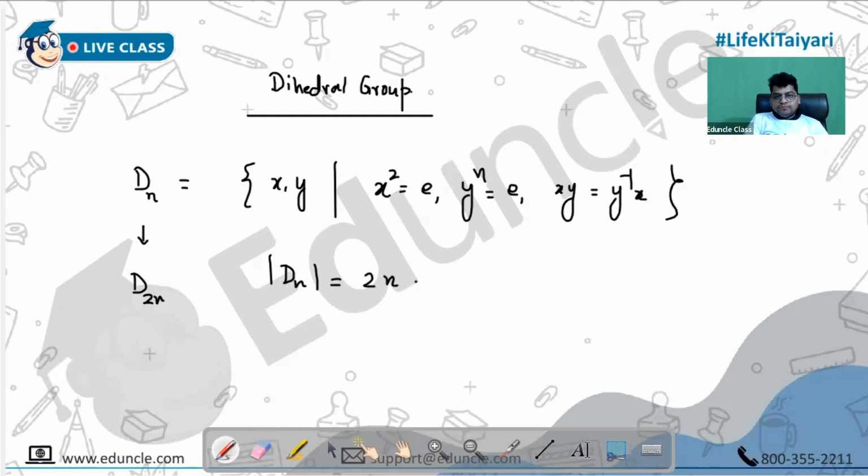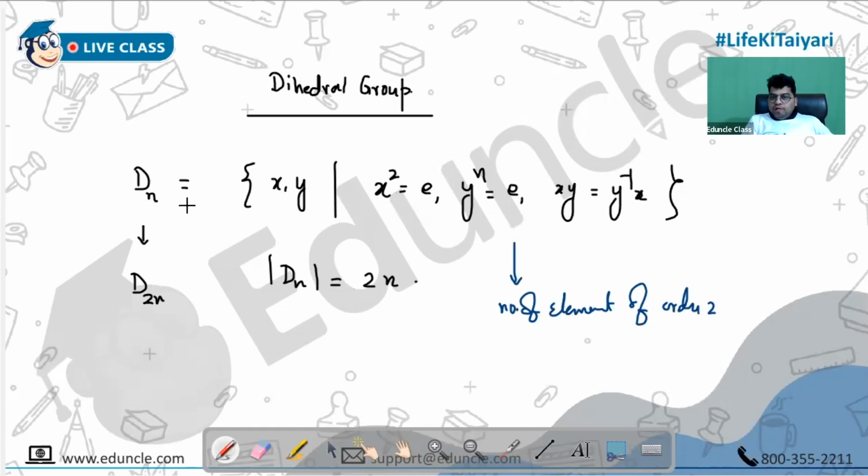Number one is the order of the dihedral group. Second is the number of elements of order 2. You know how to find the number of elements of order 2.